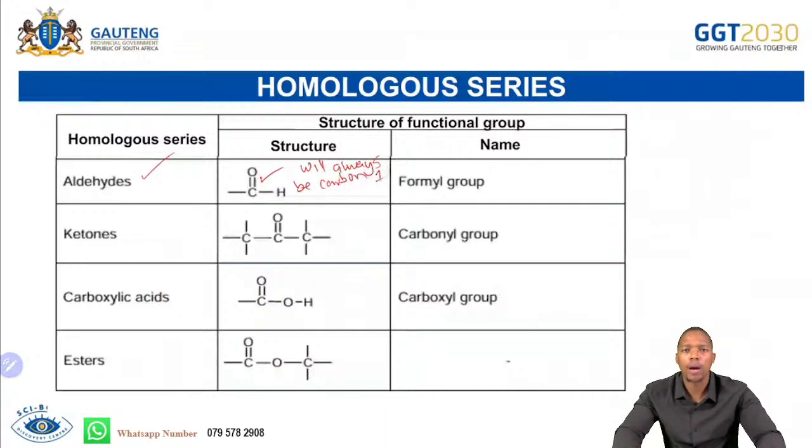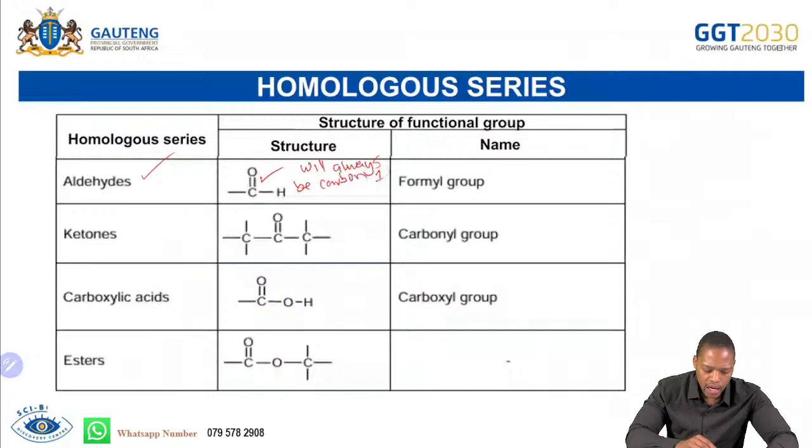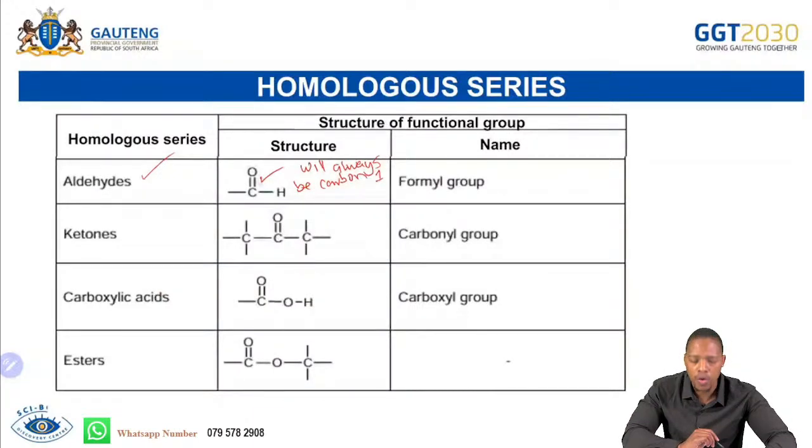It is very important for us to realize that it will be on carbon number 1, because once it shifts from carbon number 1, that is no longer an aldehyde. It becomes something else. So in an aldehyde, we see it by a functional group of a carbon double bonded to an oxygen, and that carbon will be carbon number 1.